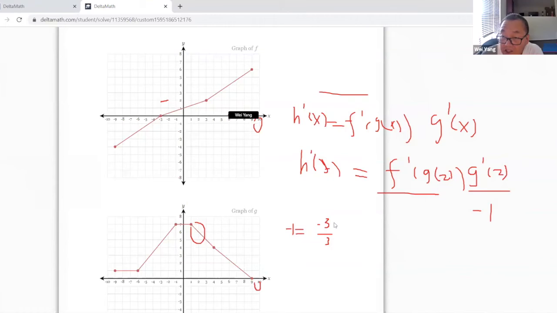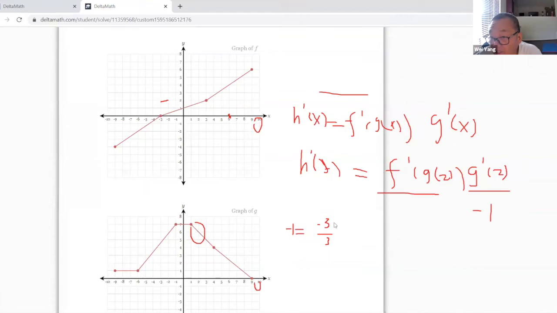Then f(x) is also a linear function, so its derivative is the slope of this function. Can you find the slope of f(x) at this segment? You can read this: 1, 2, 3, 4, 5, 6.